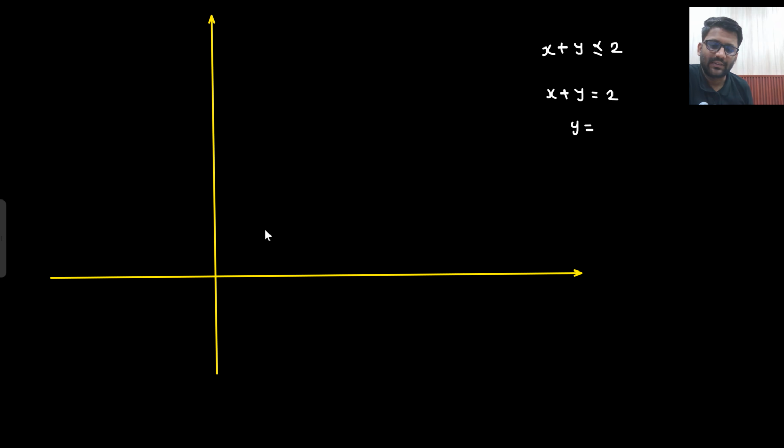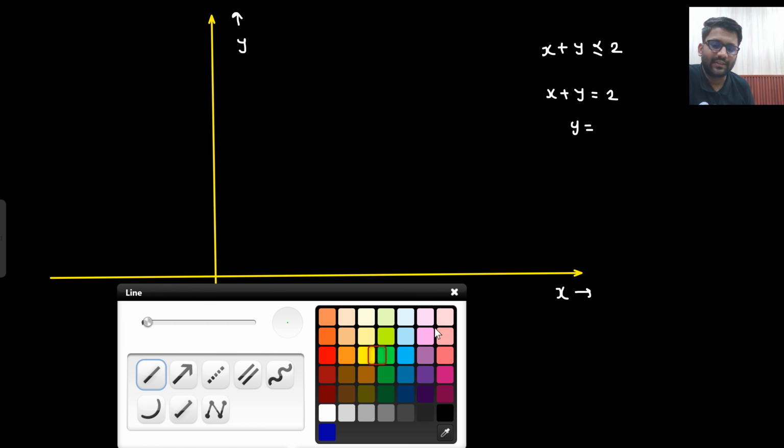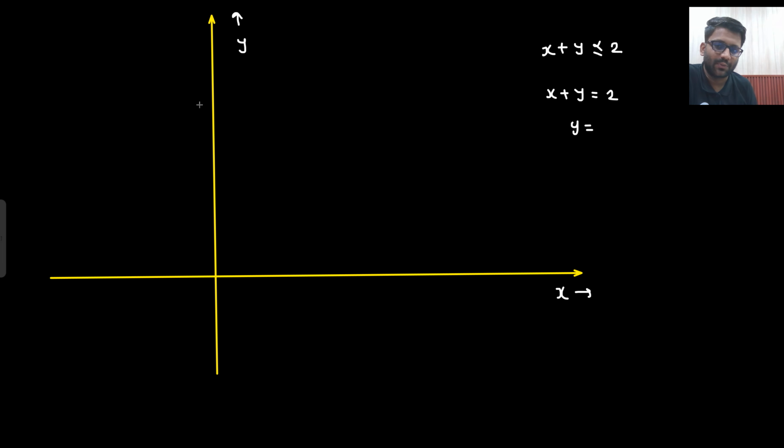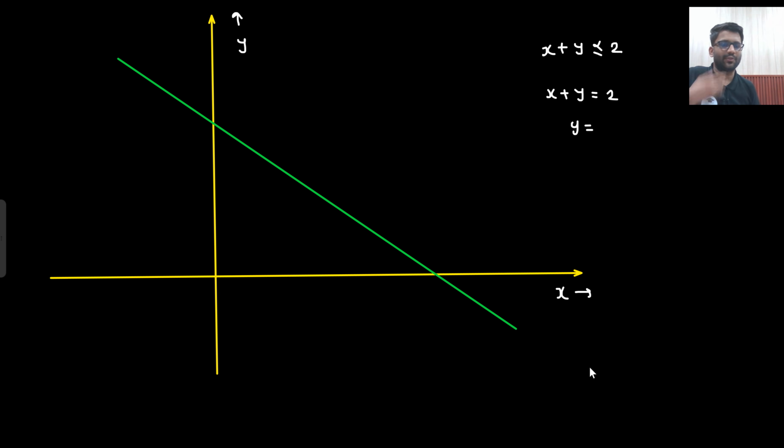This was your y axis, this is your x axis. X greater than 0, y greater than 0, these two conditions. Next condition is x plus y less than equals to 2. So first I am going to draw this line. This is the line of x plus y equals to 2. You can see that y equals to mx plus c, so slope is -1 and it will cut at 2 here.